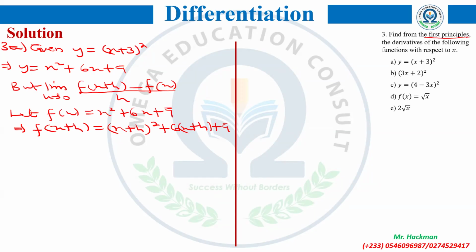So in this case, this is what we do. We are going to get the expanded version. That gives us x squared plus 2xh, then plus h squared, then plus 6x plus 6h, then plus 9. All correct. Is my point well made?